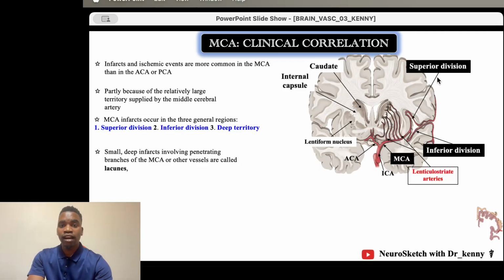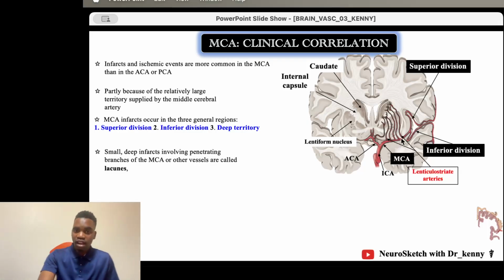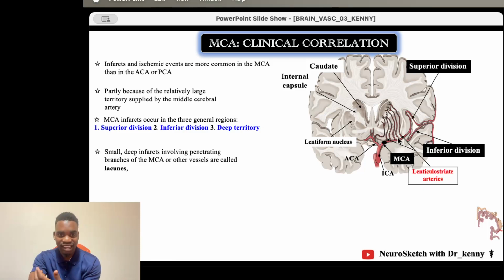You said we can have the superior division, the inferior division, and these deep penetrating arteries. But we can also have an occlusion just before we give any branch of the middle cerebral artery. So assume we have something broken somewhere around here, just after the middle cerebral artery is formed, just before it gives any other branch.